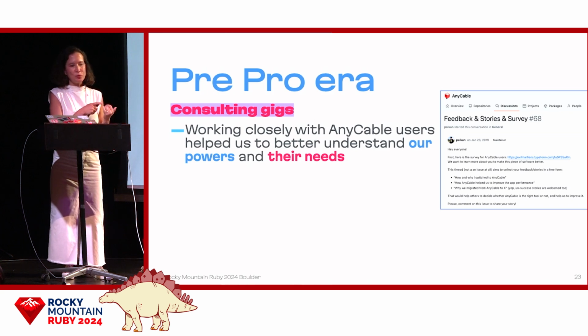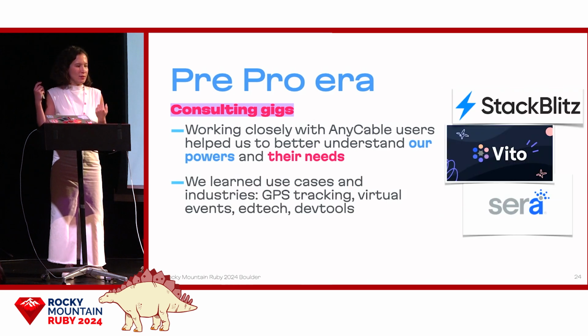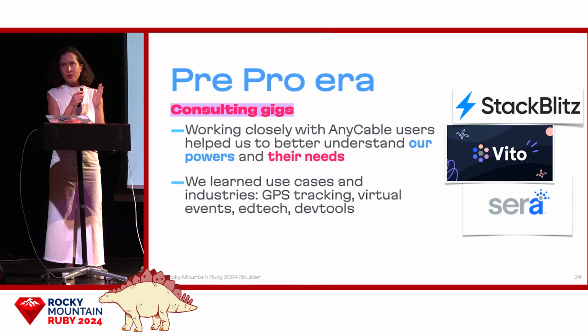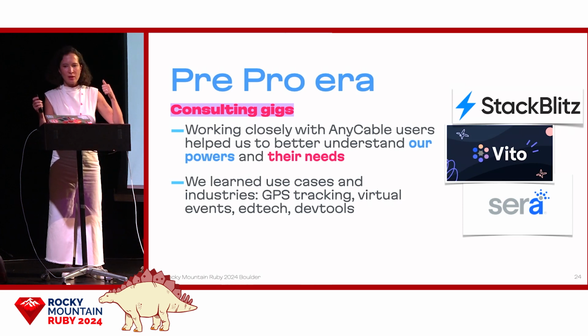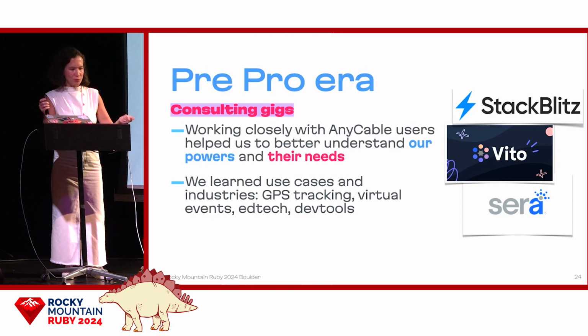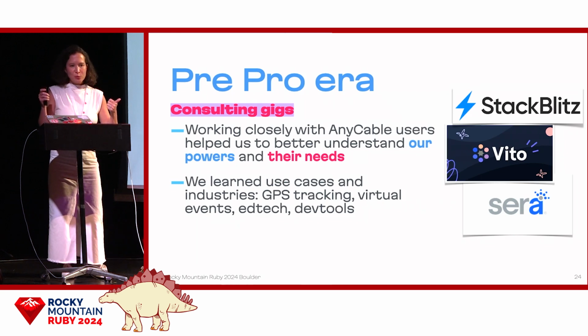And yeah, so what we were doing, we were collecting feedback on GitHub. A bunch of very different companies reached out for consulting around AnyCable: IDEs, a virtual events platform, a GPS navigation product, an edtech product, different things.